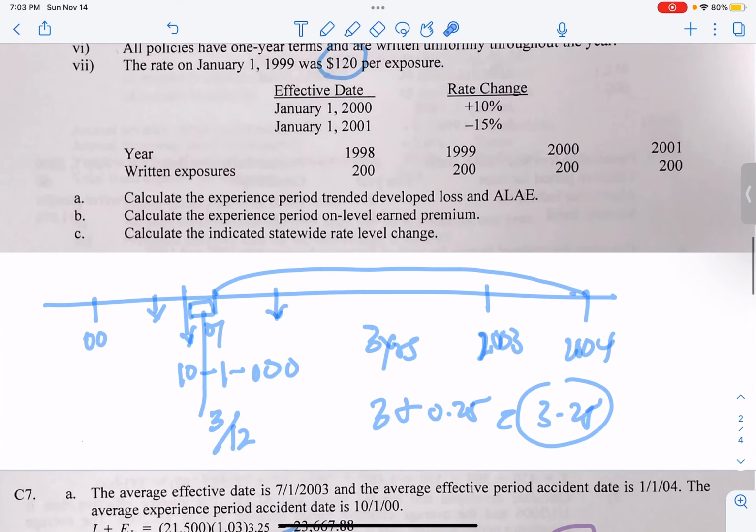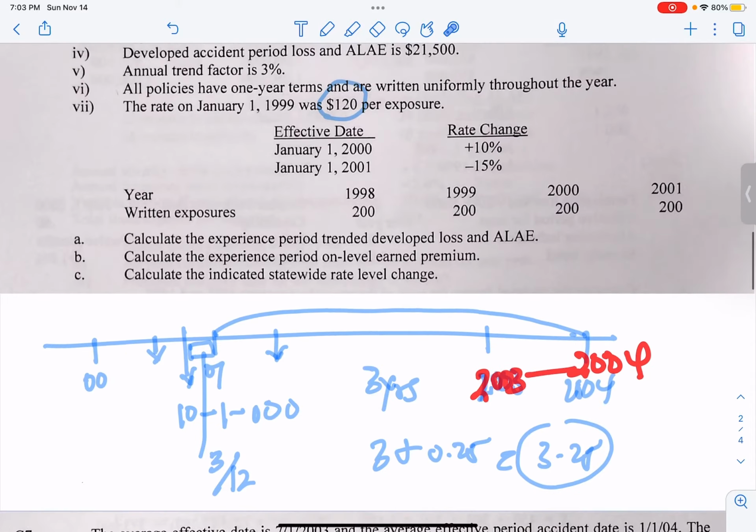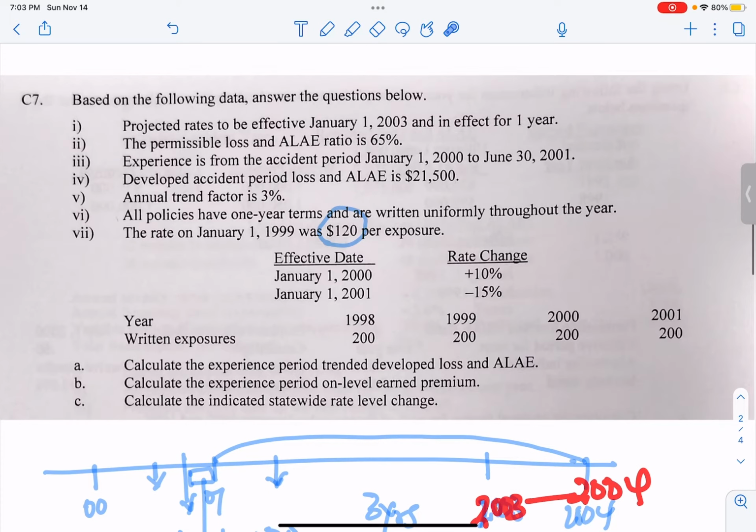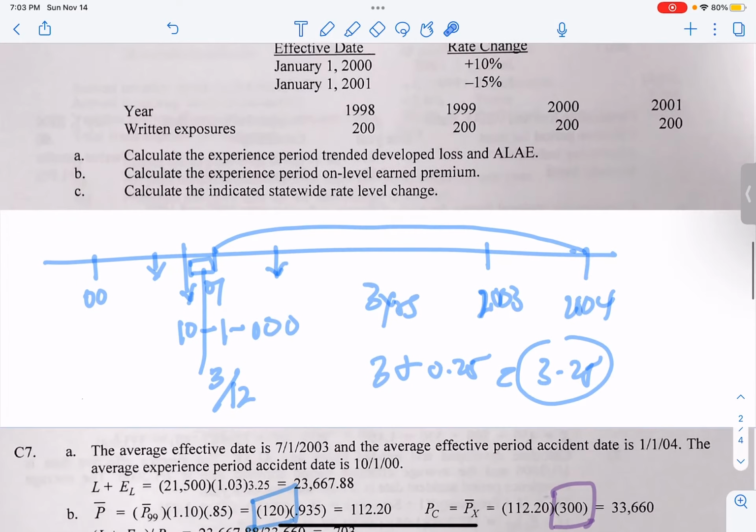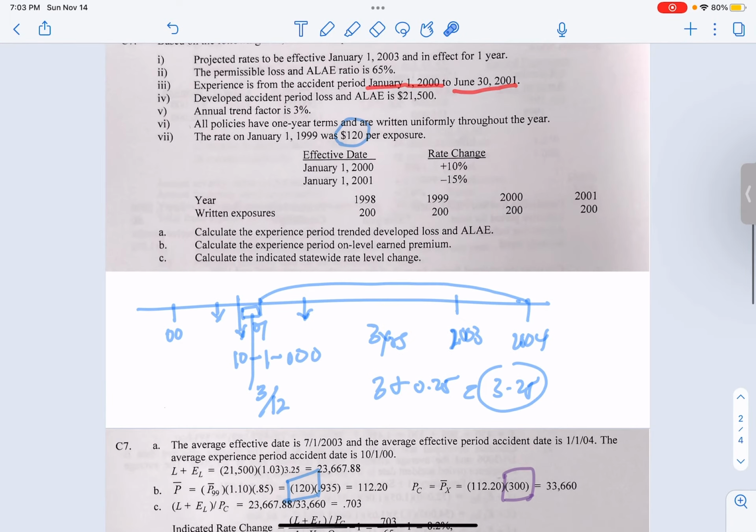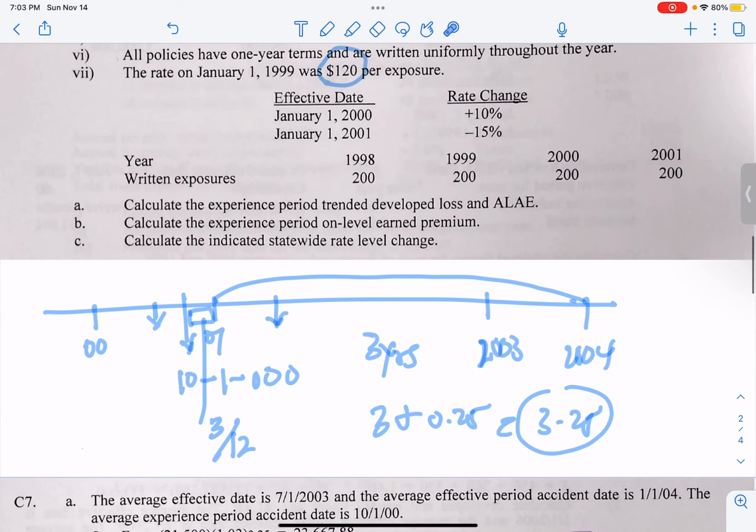So that will be 2003 here to 2004, the beginning of 2004. We have 1 year, and we do have experience accident period January 1st 2000 to 30th June. That is 1.5 years. So let me say this is 2000. Here, this is 2000, and then 2001.